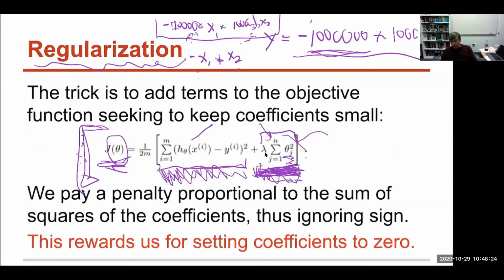What is the effect of this lambda parameter? I have a lambda parameter here. What is the value of that lambda parameter in terms of this regularization?